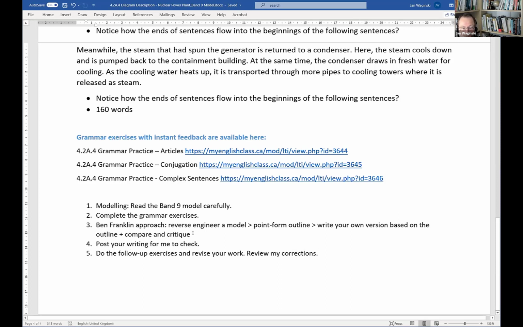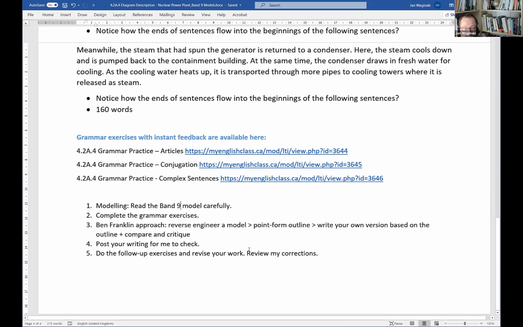So you've read that original at least 5 times, and that's the point. Right? You don't learn how to do something by looking at something once. You have to look at it several times from different perspectives.